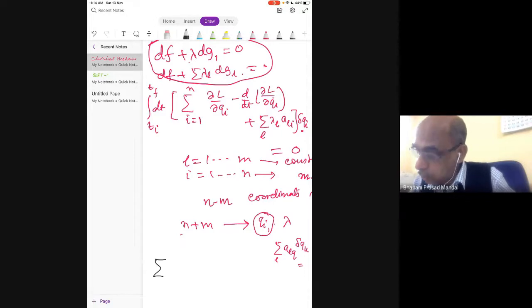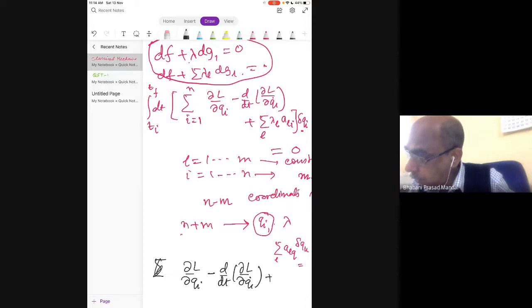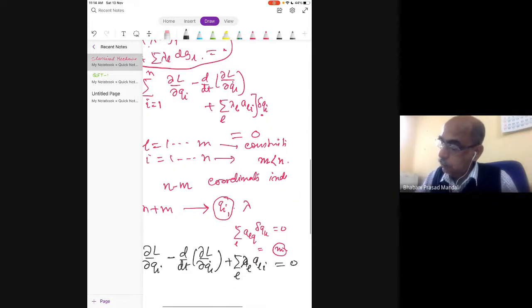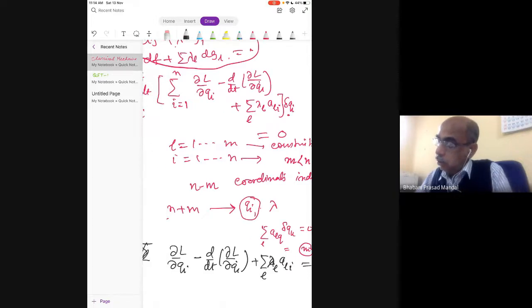So you can write the equation of motion: del L del Qi minus d/dt of del L del Qi dot plus sum over L, when I consider an example it will be clear, a L i, equal to 0. So this will be your equation of motion.